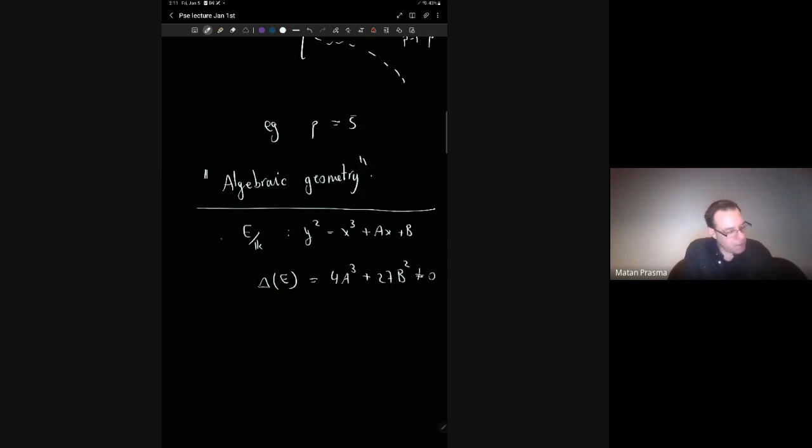By the way, I will often denote the elliptic curve as E_{a,b}. This is a short notation to talk about the parameters a and b.